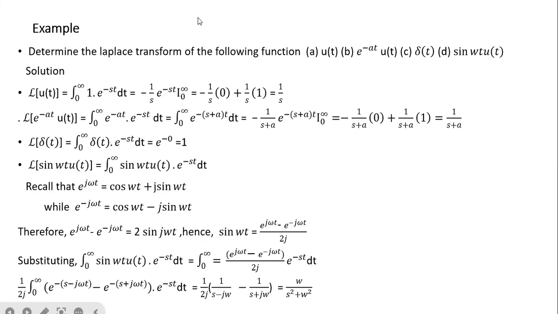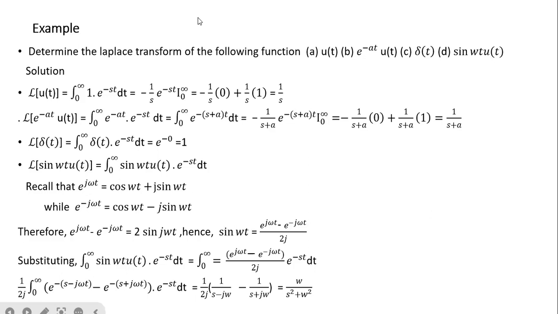We start with infinity, and we are going to have minus 1 over s. Now when infinity multiplies this, everything here will become 0, because you remember that this exponential minus st is the same thing as 1 all over e raised to power st. That's what this thing means. So go and evaluate that. You're going to find out that everything here will be 0 when you substitute infinity.